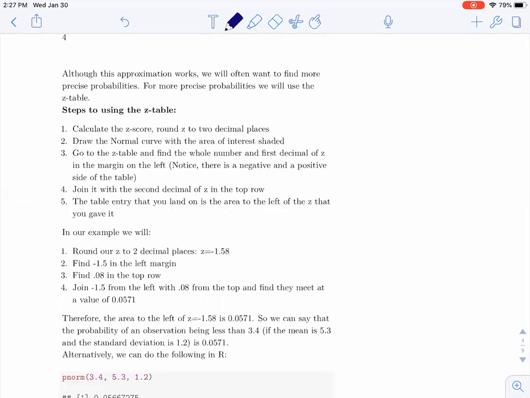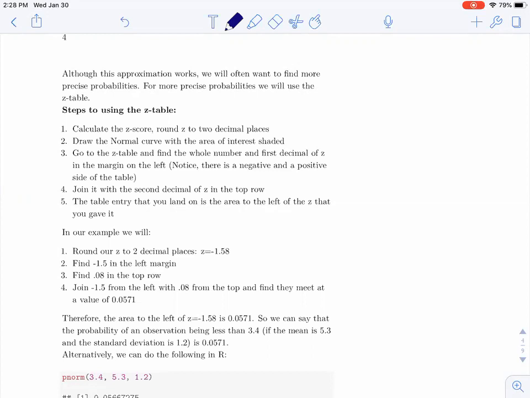So the Z table, it's the first table after your formula sheet. If we just flip through it, don't look too closely, you'll go cross-eyed. There's a negative side and a positive side.